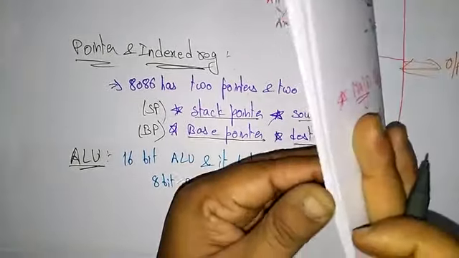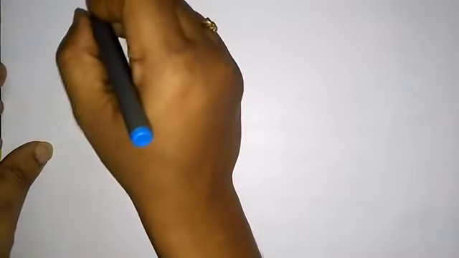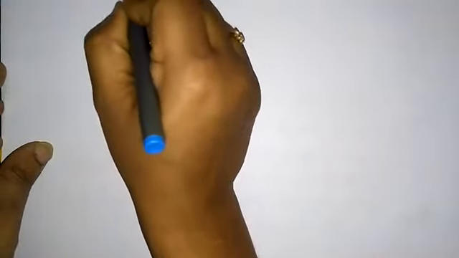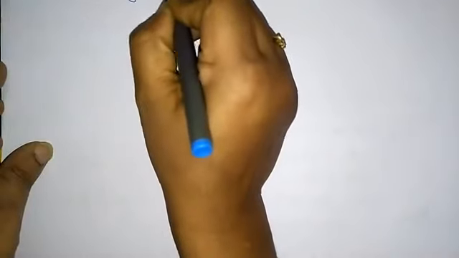Now coming to the flag register. This is one of the important ones you have to remember. It is a frequently asked question also. What is the role of the flag register in the 8086 microprocessor?